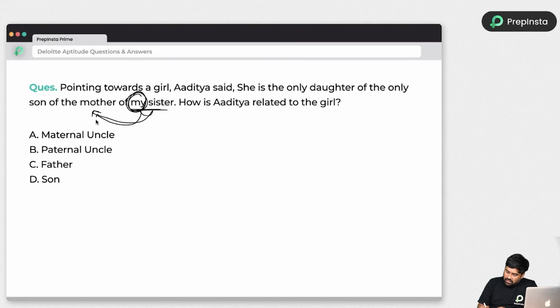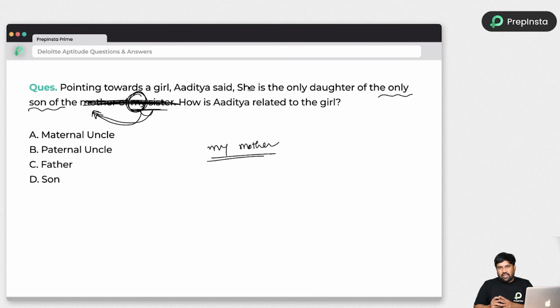My sister's mother is my mother. So my mother is the first answer we are left with after solving the two different relations. Okay, and the only son of my mother. Remember, Aditya is saying only son of his mother. So himself. So myself.